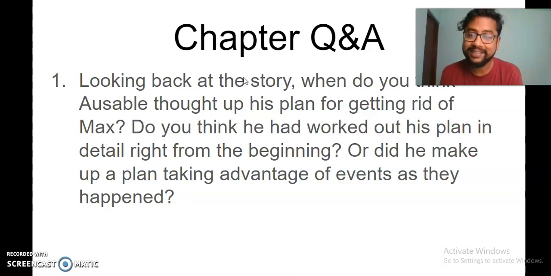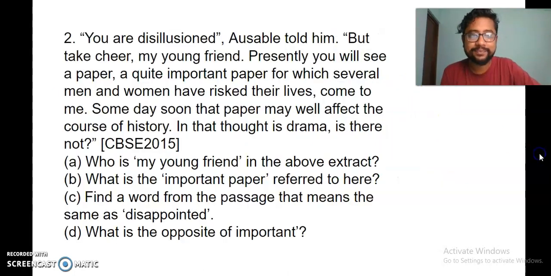It's really hard to say. How can someone have so much presence of mind? How could he just immediately come up with a solution? Maybe he knew it from before. Maybe yes, it was a plan. Or do you think he saw the situation and made a plan taking advantage of the events? It's your choice. You can write your own answer.